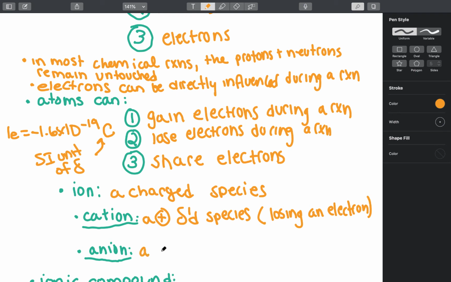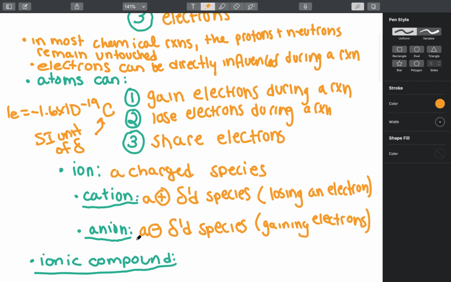It is a negatively charged species, and anions are formed by gaining electrons. So the gaining and losing of electrons can produce different types of ions, either a cation or an anion.